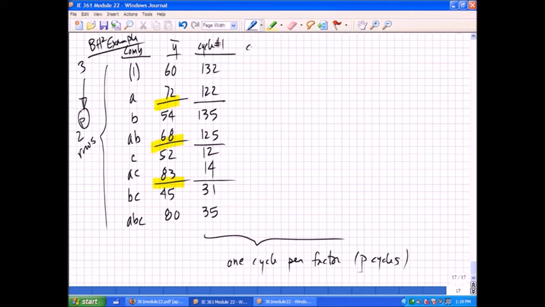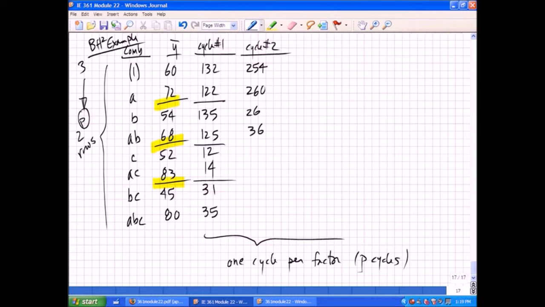Cycle number 2. The 132 and the 122 add to 254. The 125 and the 135 add to 260. The 12 and the 14 add to 26. The 31 and the 35 add to 66.